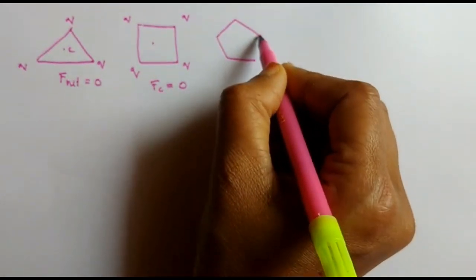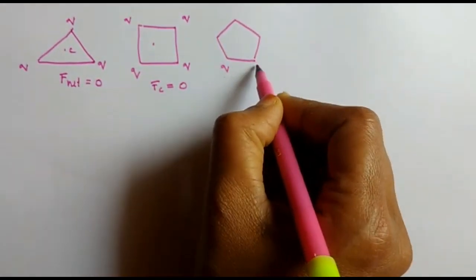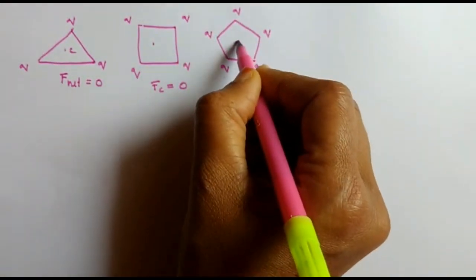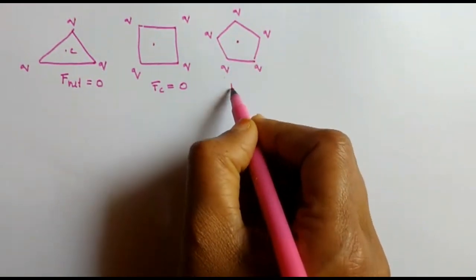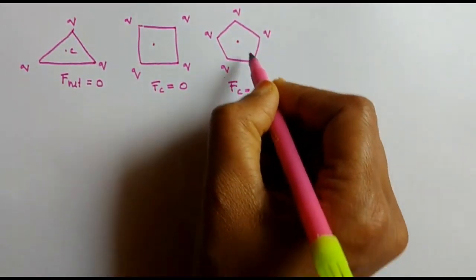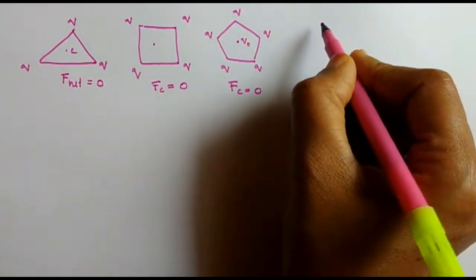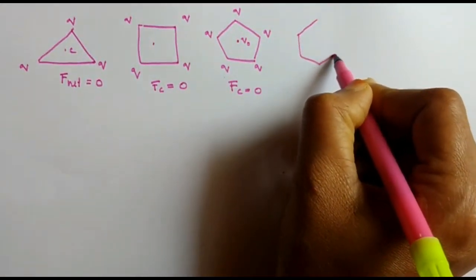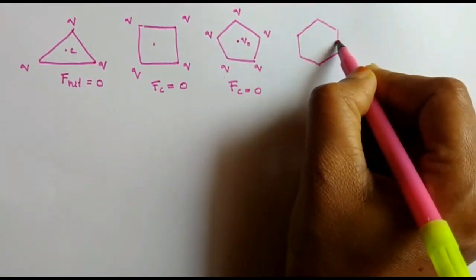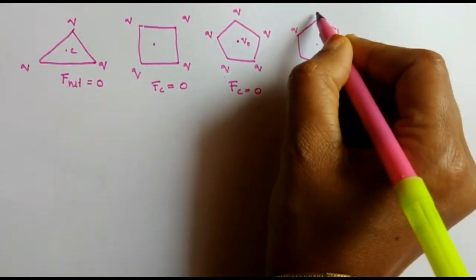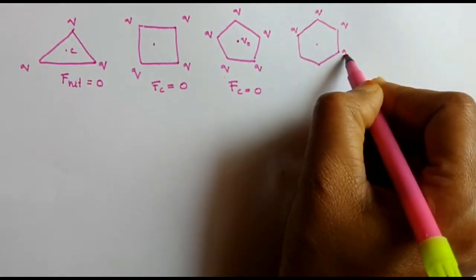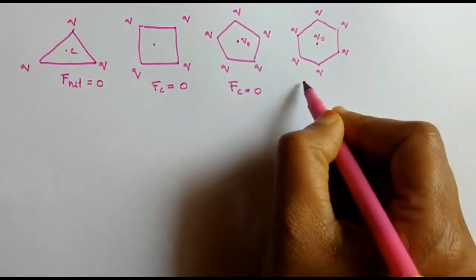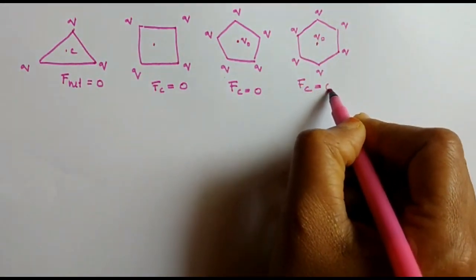So you may take a regular pentagon. If all the charges at the vertices are the same, then the net force acting on the central charge would be 0 if you keep a charge Q0 at the center, even for a hexagon. So you can generalize it. If all the charges at the vertices of any regular polygon are the same, the net force acting on the center would be 0.